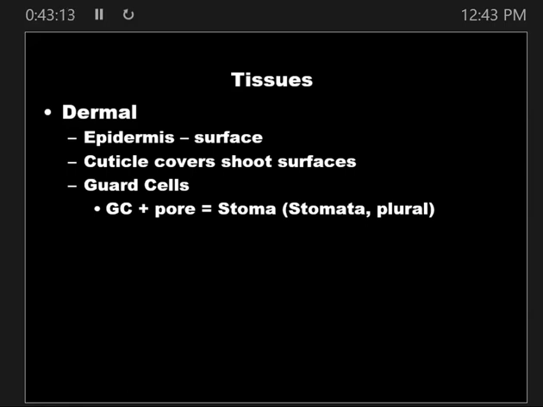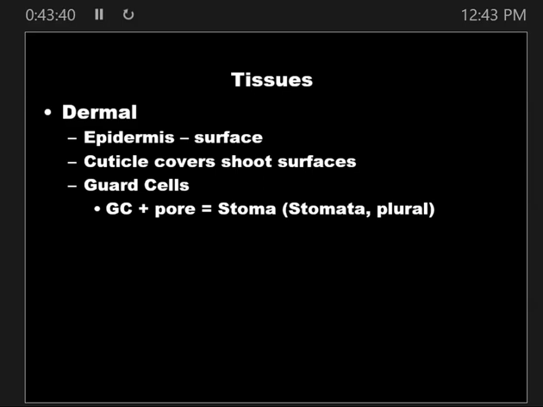Okay, so my hands are guard cells. And then they surround a pore. All right. And then you take that all together, that complex together in the pore with the two guard cells on either side of it, and you call it a stoma. Plural would be stomata. I almost always say the plural, stomata. So when I say stomata, we're thinking about the guard cell and the pore that they guard or surround.